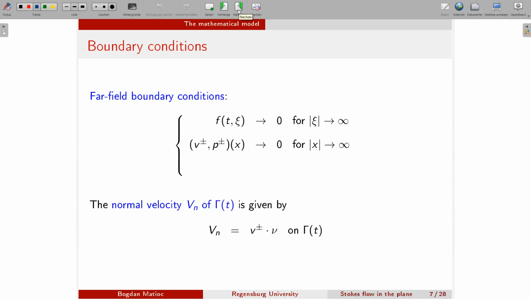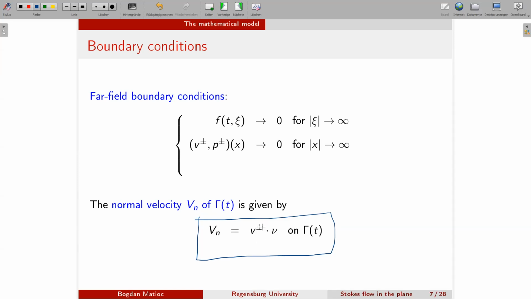We also have far-field boundary conditions saying that the flow is almost stationary far away from the origin, so f is flat and v and p are asymptotically zero. And finally, the motion of the interface is given by the kinematic boundary condition, which is this equation which says that the normal velocity V of gamma equals the normal velocity of the fluids on the interface.